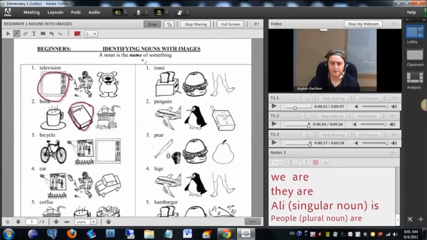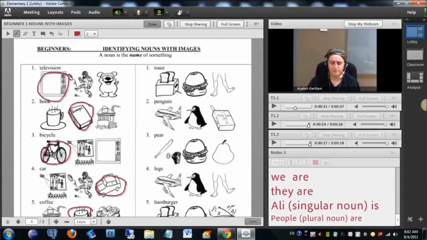Let's now have a look at this worksheet and let's mark the answers together. Number 3, bicycle. This is a bicycle. Number 4, car. This is a car. Number 5, coffee. This is coffee.